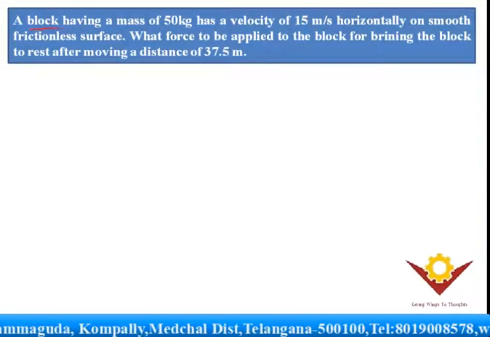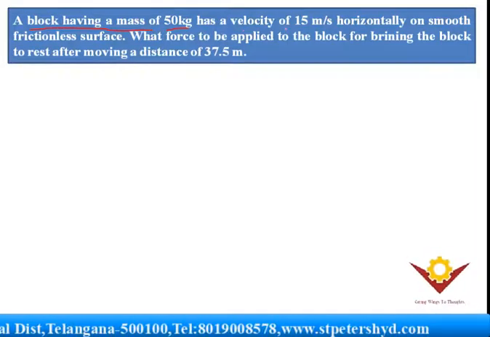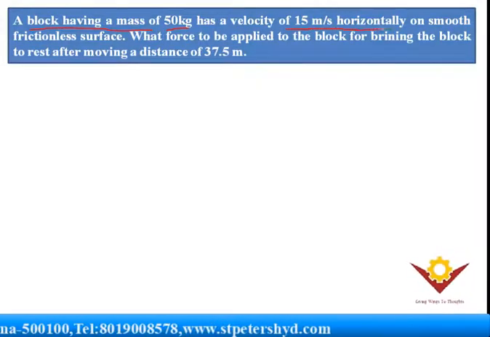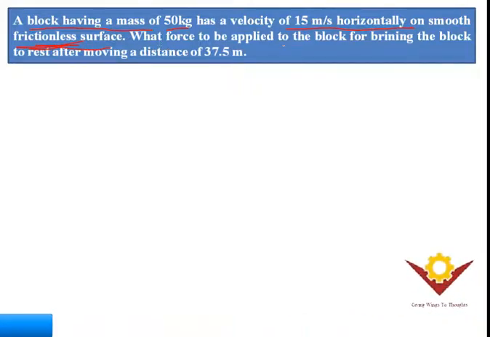A block having a mass of 50 kg has a velocity of 15 meters per second horizontally on a smooth, frictionless surface. There is no friction here. What force is to be applied to the block for bringing the block to rest after moving a distance of 37.5 meters?